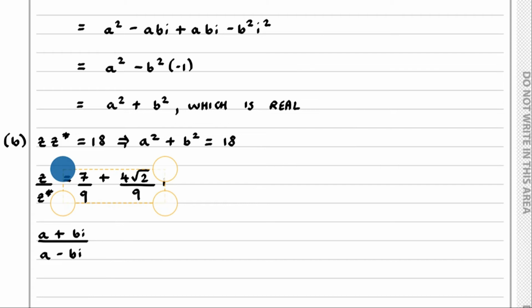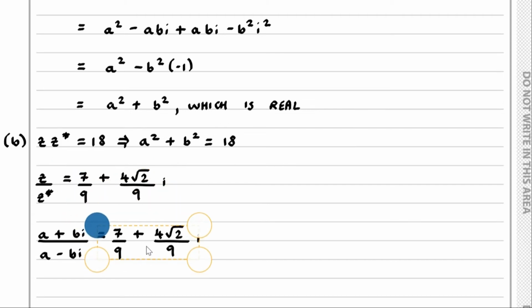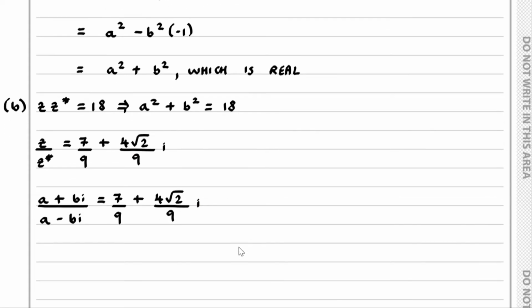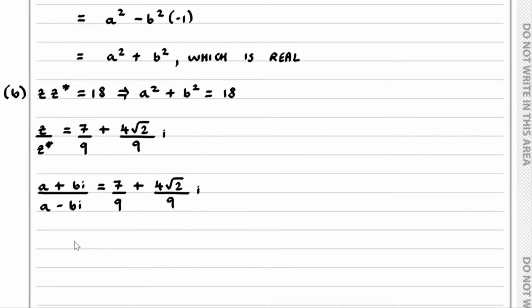That is equal to 7 over 9 plus 4 root 2 over 9i. And if I multiply through by a minus bi, that means a plus bi is equal to this 7 over 9 plus 4 root 2 over 9i multiplied by a minus bi.